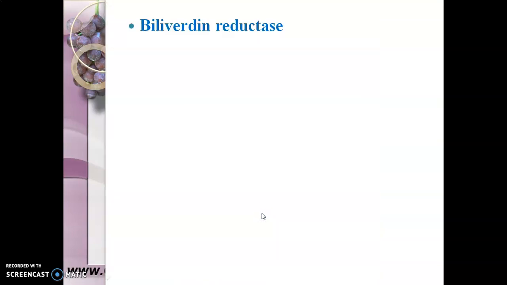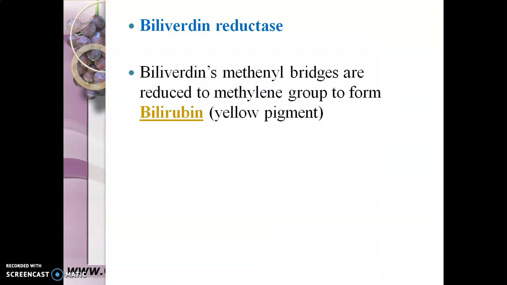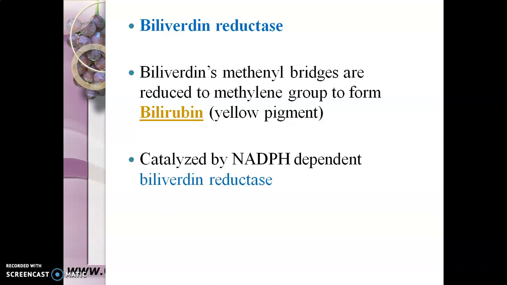Biliverdin reductase reduces the methynyl bridge to a methylene group to form bilirubin, which is a yellow color pigment. It is again catalyzed by an NADPH dependent biliverdin reductase.